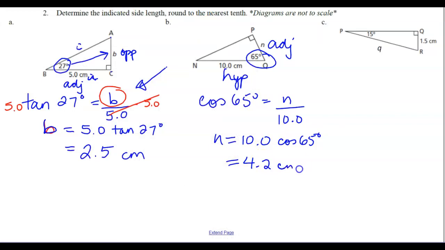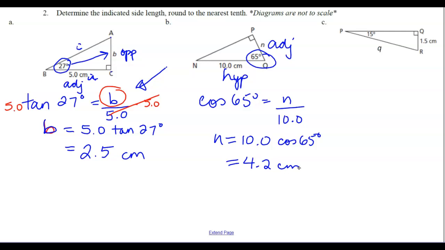And that'll be centimeters. Okay, if it's a leg that you're looking for, then it has to be shorter than the hypotenuse. So 4.2 is shorter than 10, so you know at least that you're in the right ballpark. Might not be, maybe you did something else incorrectly, but certainly at least makes sense.